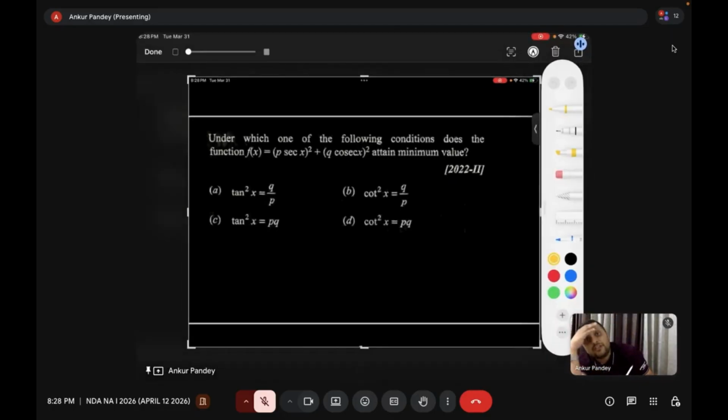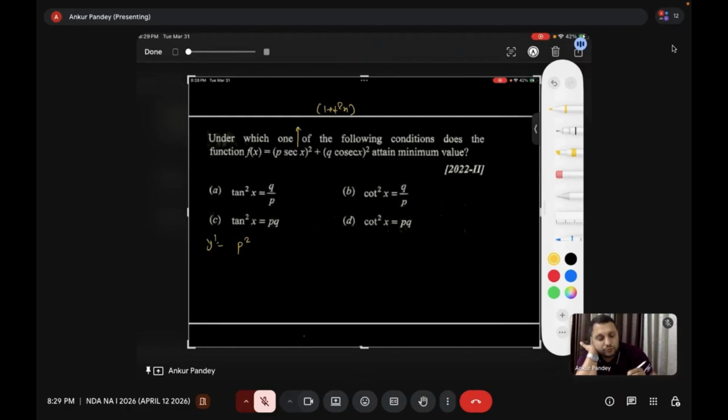So for that, differentiation should be 0, critical point. So first differentiation is p square as it is, differentiation of secant square x. I can write secant square x as 1 plus tan square x. Not required, I can directly also differentiate, but take.